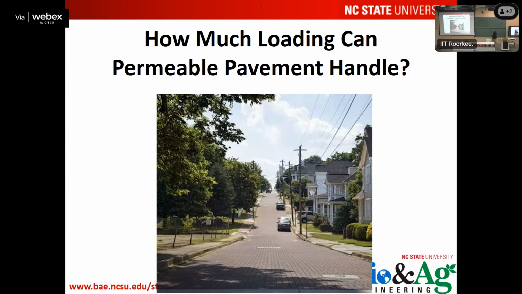All right. So there are 4 factors for, I'm going to abbreviate it, permeable pavement strength.